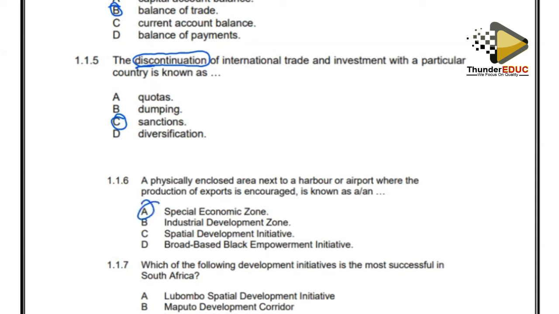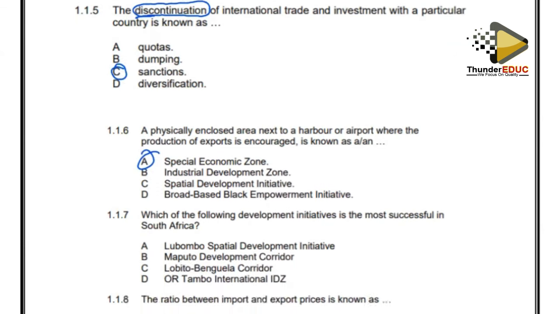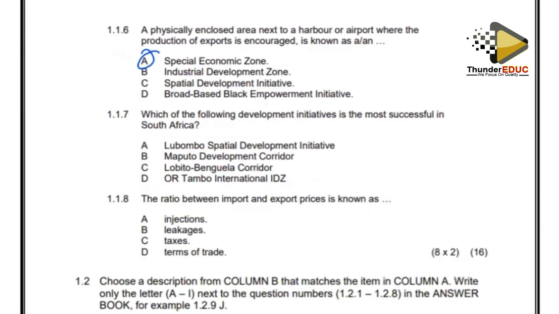Okay, right, grade 12. Now let's move on to the next question. The next question we have 1.1.7. 1.1.7 reads as follows. Which of the following development initiatives is the most successful in South Africa? The most successful one in South Africa is the Maputo Development Corridor, which is our option B.